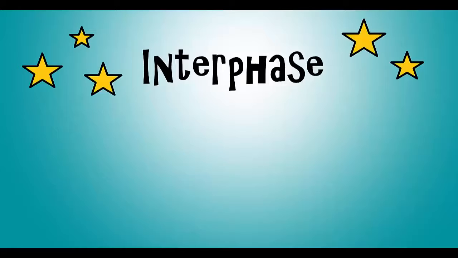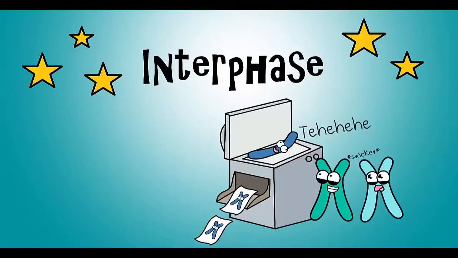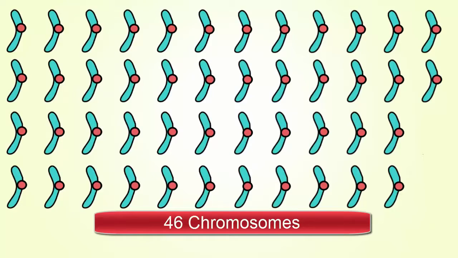Now, interphase is a step that happens one time before mitosis and meiosis can start. And in interphase, this is where we duplicate the chromosomes. So first we start with 46 of these chromosomes, which is how many chromosomes are found in human body cells. And as you can see in our little picture, they kind of look like little sticks.